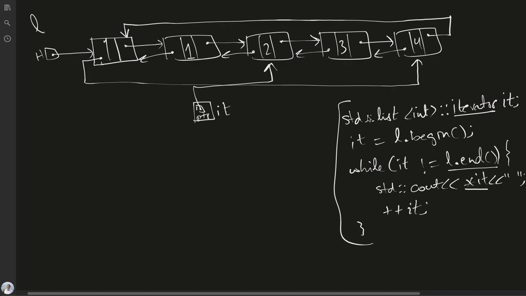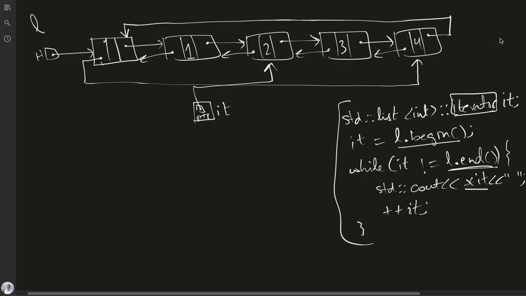Now if we look into the implementation of the iterator, the first thing is that the iterator class is implemented within the list class. The list has some functions like begin and end, which basically return the iterators to the first node and past the last node.